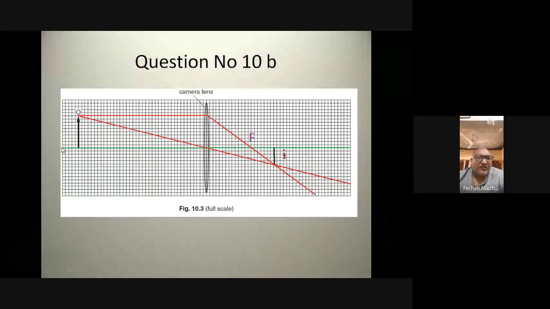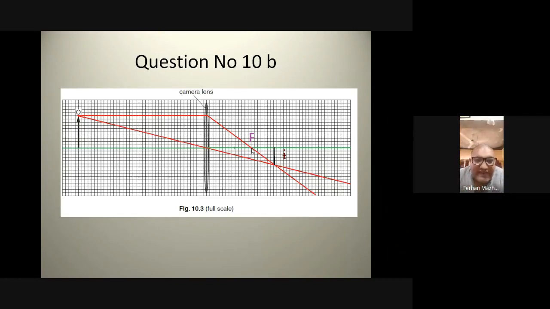Okay. First of all, draw this green line. I have drawn this green line. This means the principal axis. One very important thing is that the focal length is 3 centimeters. By counting, this where the cursor is, is the optical center of the lens.